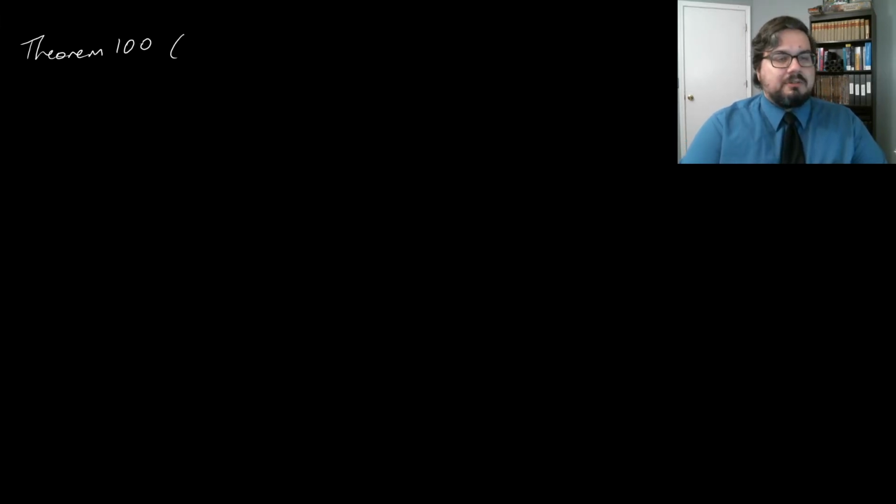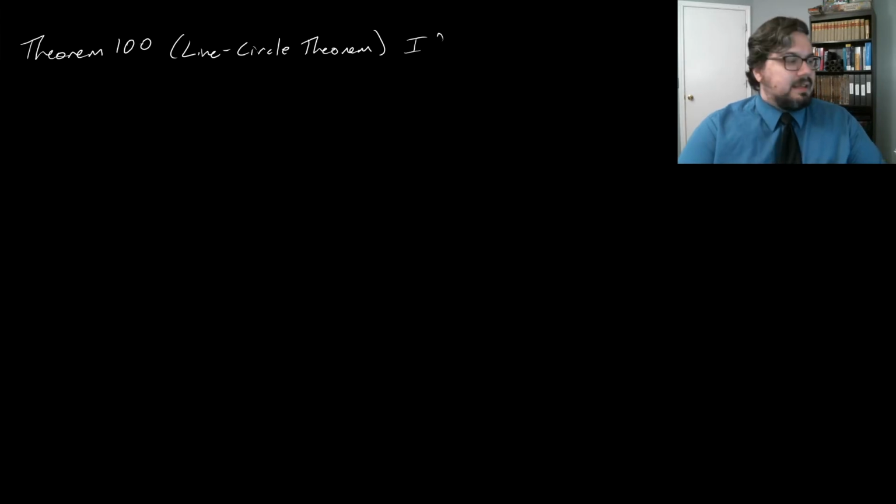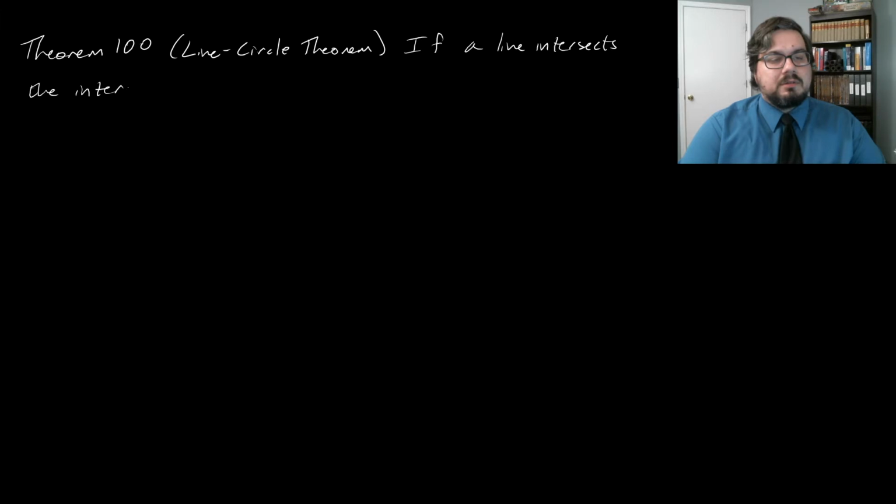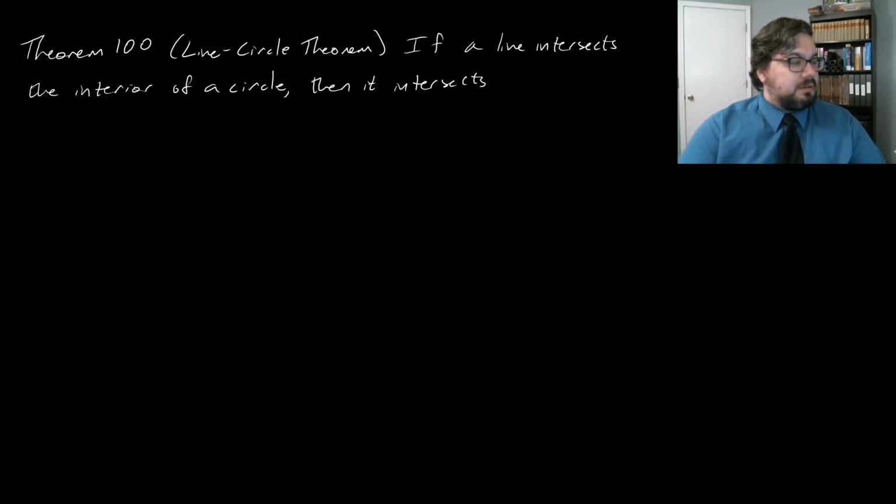So let's look at theorem 100, called the line circle theorem. It says if a line intersects the interior of a circle, then it intersects the circle in exactly 2 points.